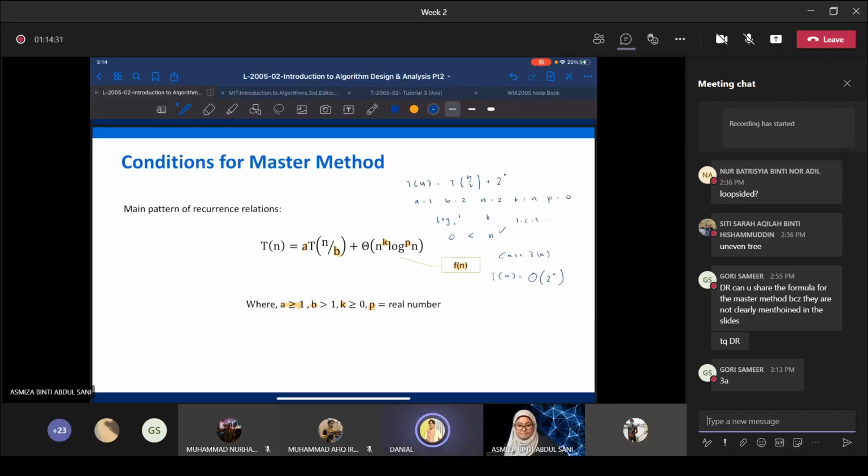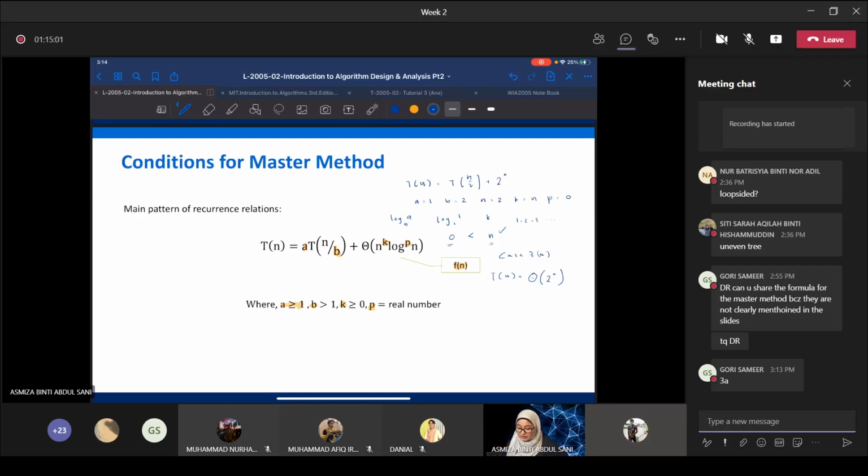Wait, I'm a bit confused how it's case 3. Could you explain again? This one is our log a base b, and this is our k. Since log a base b is 0 and k is n, log 1 base 2 is 0. Last I checked with the online calculator for logarithm, we get 0.